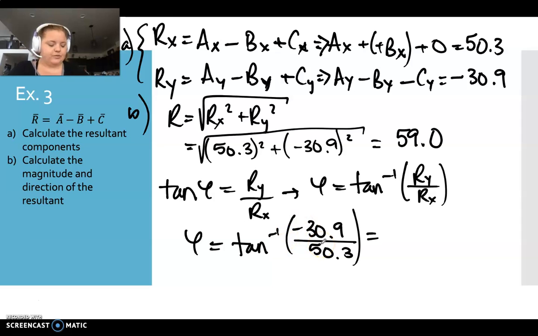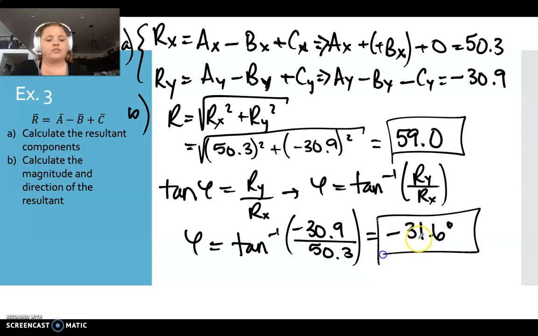That's going to tell you a lot about the direction of the vector. Okay, so now we have negative 31.6 degrees. So this is our magnitude and our direction.